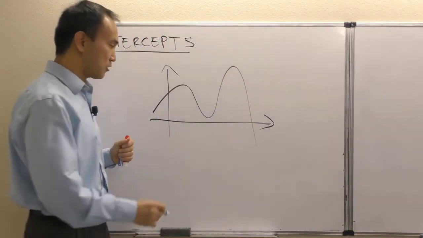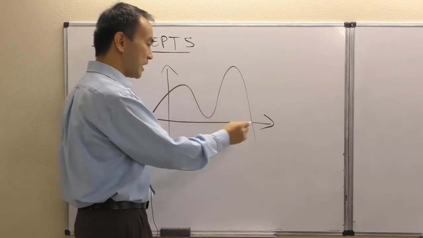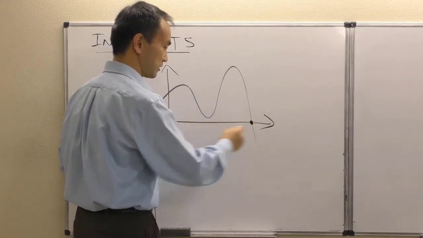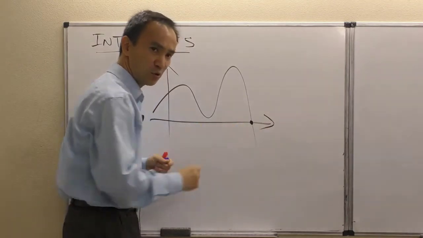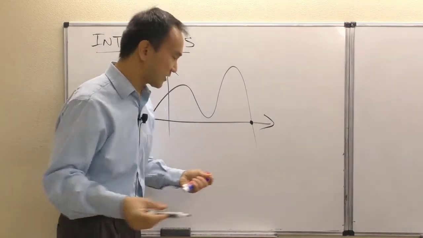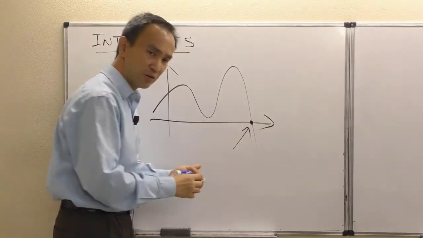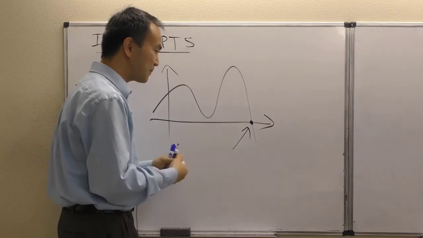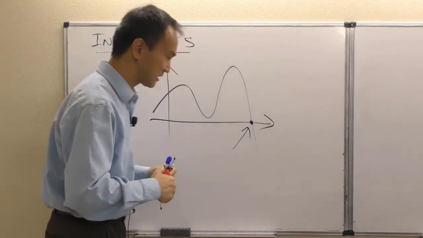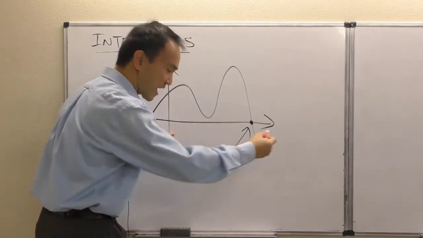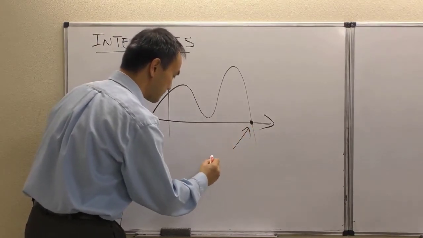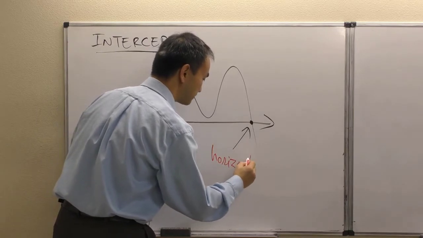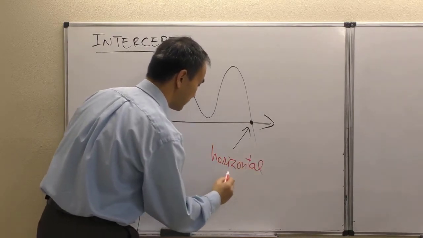There will be a place or multiple places where the graph crosses the x-axis, or the horizontal axis. Graphically, that point where the graph hits the x-axis, the horizontal axis, we call the horizontal intercept.